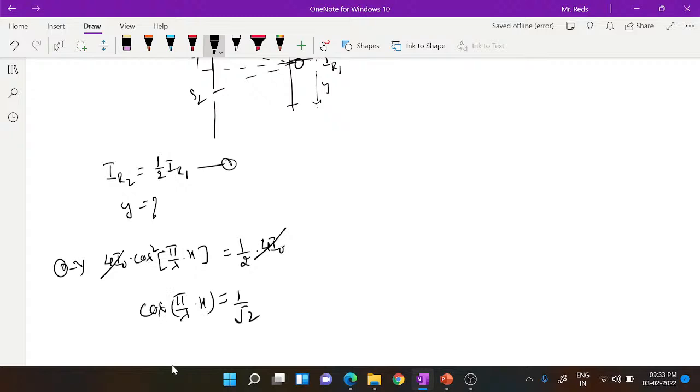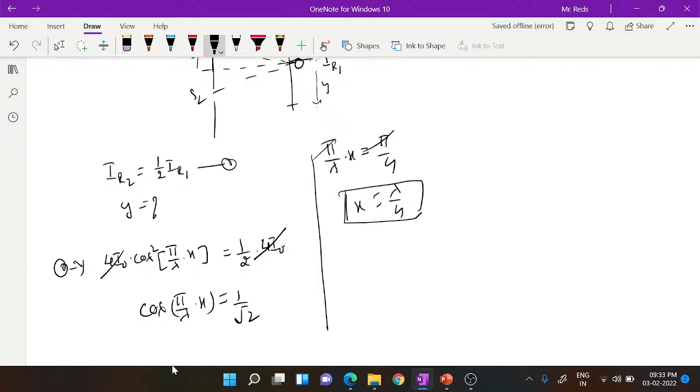This is the angle part. So for what angle you will get 1 by root 2? For 45 degrees, right? So pi by lambda into x is equal to pi by 4. 45 degrees means pi by 4. So from this, if you simplify, lambda goes here, you get x is equal to lambda by 4. For this path difference, intensity at this point is equal to half of the maximum intensity.